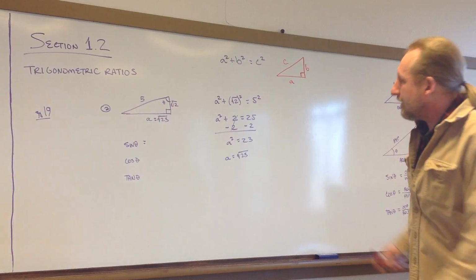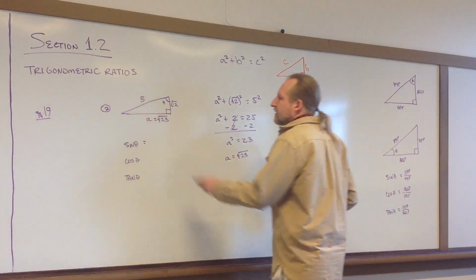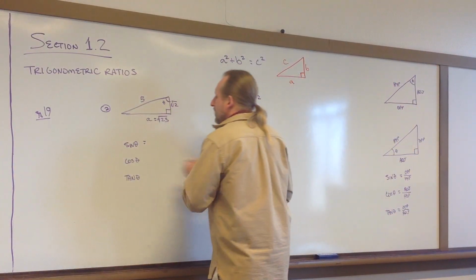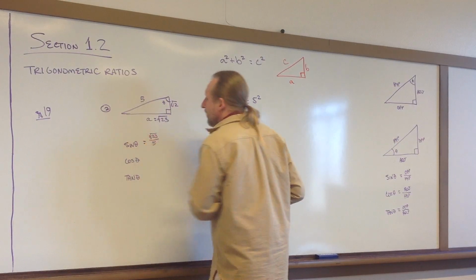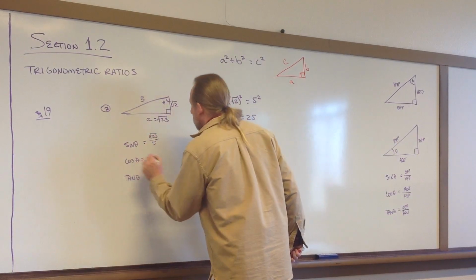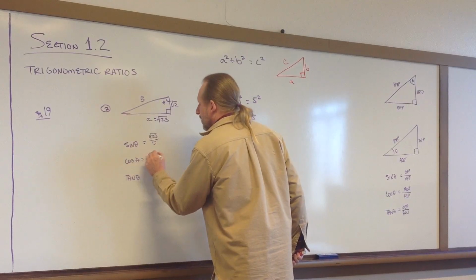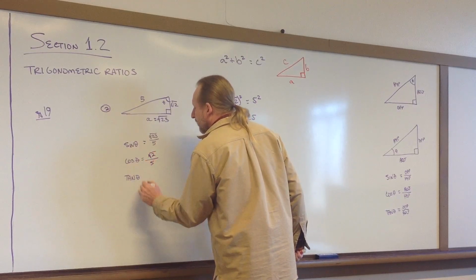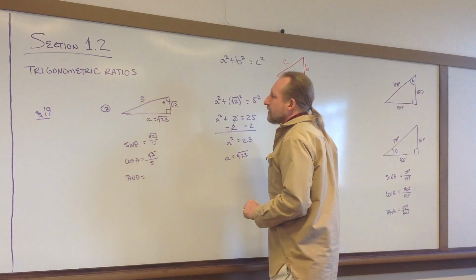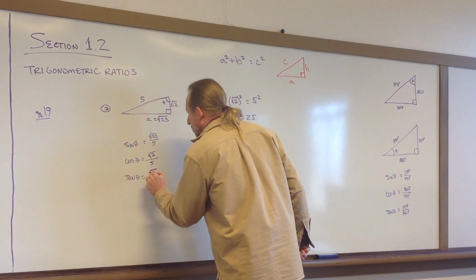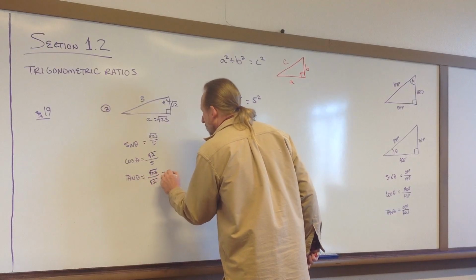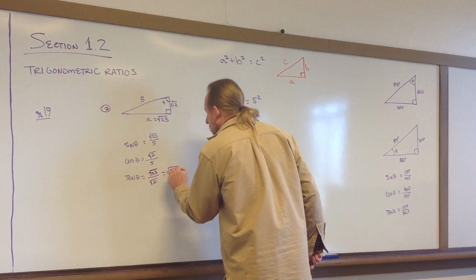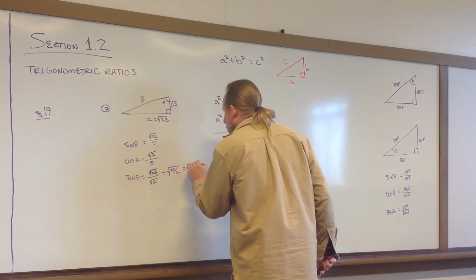Now, once we have that, we can say the sine then is going to be square root 23 over 5. The cosine is going to be square root 2 over 5. And the tangent is going to be square root 23 over square root 2. You know, you can combine those like this.